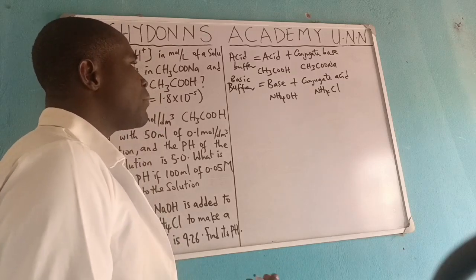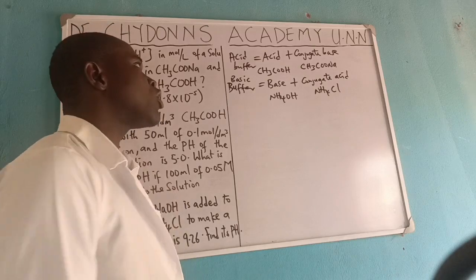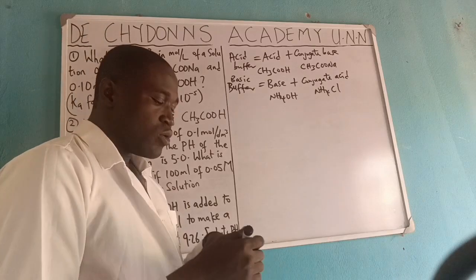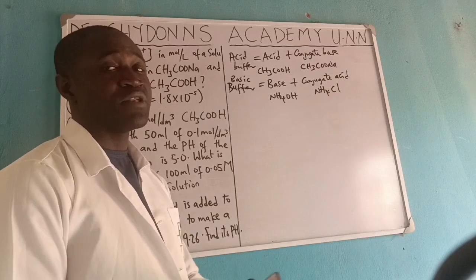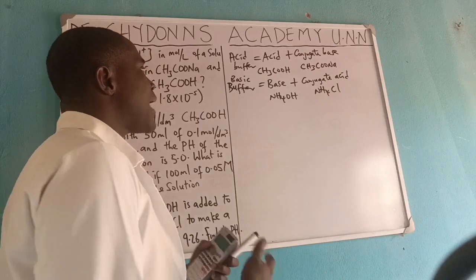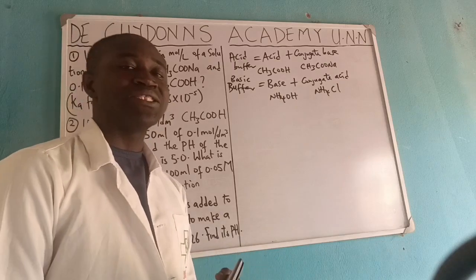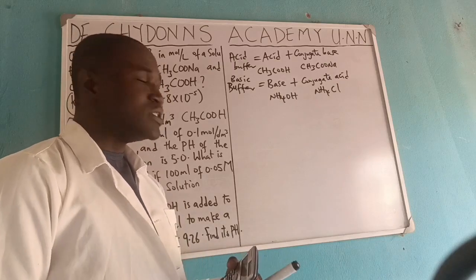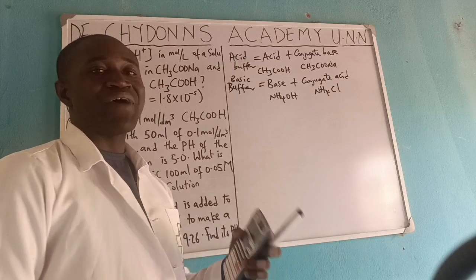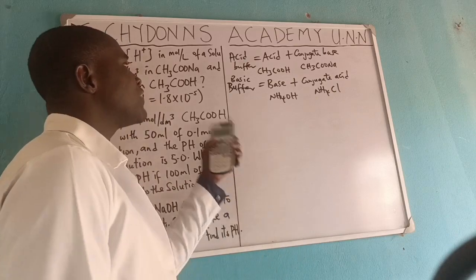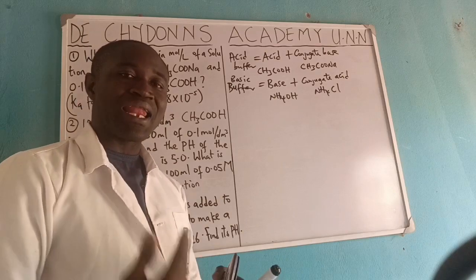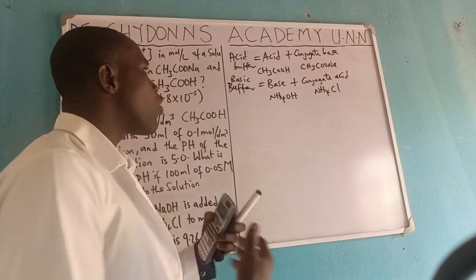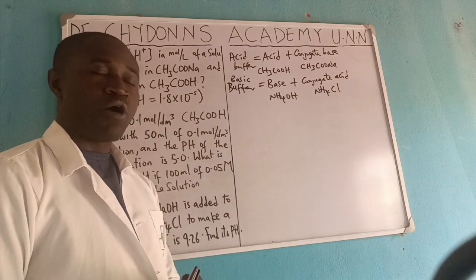Now, it's important that when you are solving questions on buffer, a likely question you can see is pH. Find the pH of this buffer. What do we mean by pH of a buffer? It means the measure of the degree of acidity or alkalinity of that buffer. We call it the pH of that buffer.